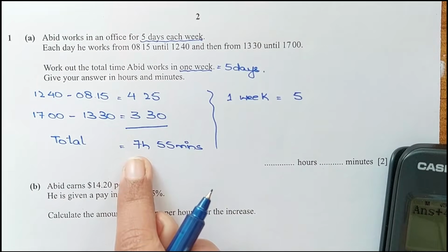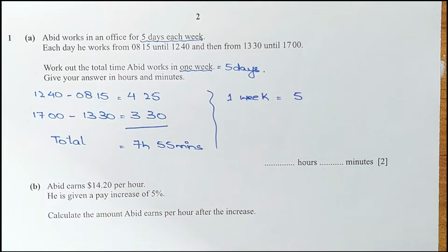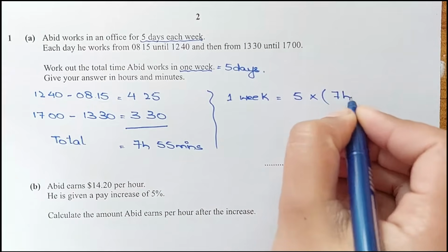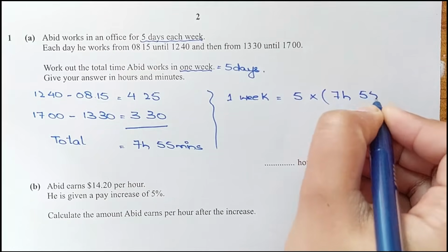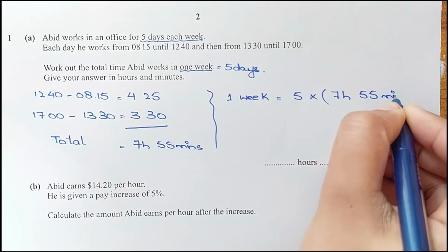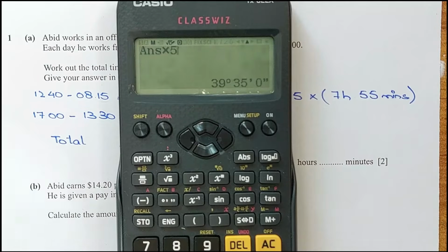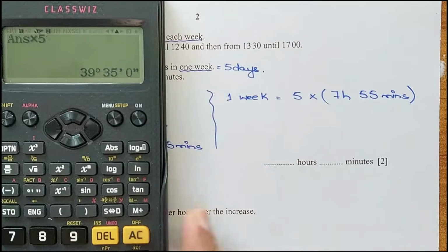If in 1 day he works 7 hours and 55 minutes, then in 5 days he works 5 times 7 hours and 55 minutes. This is times 5, so he works 39 hours and 35 minutes.